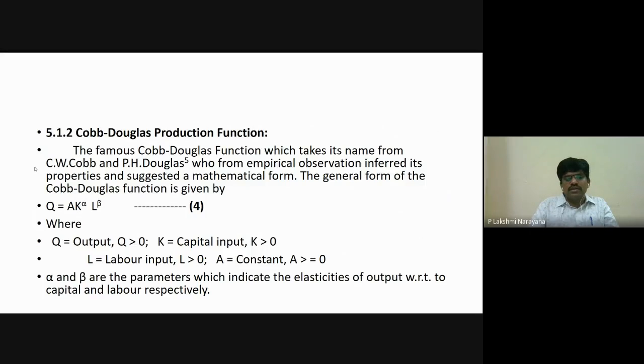Many times in competitive examinations they ask this equation and its measures. Where Q is output and Q is greater than 0, K is capital input, K is greater than 0, L is labor input, L is greater than 0, A is constant, A is greater than 0. Alpha and beta are the parameters which indicate the elasticities of output with respect to capital and labor respectively.